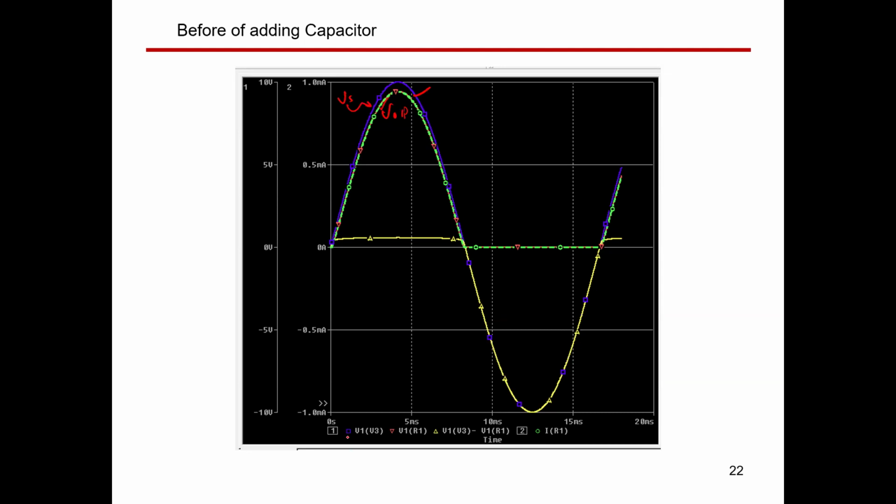So this purple one is the supply volt, and we have the volt across the resistance. Yeah, the volt across the resistance, guys, is just these triangles here, so it's the same as the green one. The green one is also the current, the circle greens.